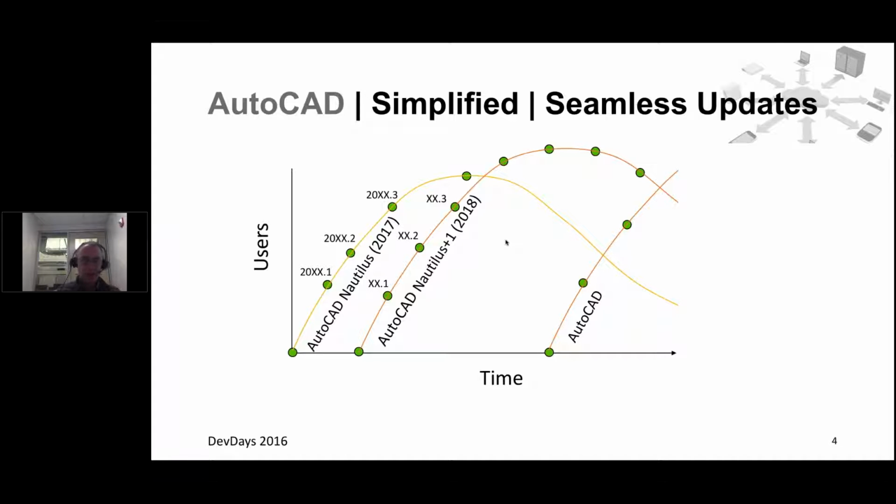Before moving on to the APIs, I wanted to talk a little bit about that release cycle. This is a slide that we showed in 2015 DevDays, where we talked about our intention to move away from these large annual releases. The plan we told you about was that for 2017 we'd release the major release and we'd have some point releases.